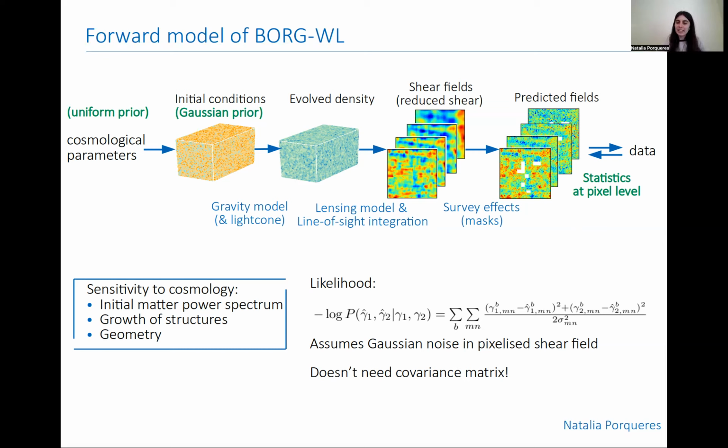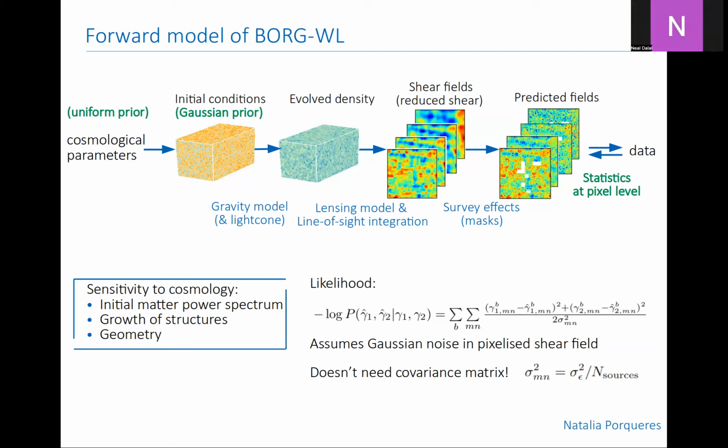Since the likelihood operates on the noise, we can assume here that there is no covariance matrix, or that it's diagonal, because the variance of the noise in each pixel is going to be given by the number of sources, the number of galaxies that we have in that pixel.